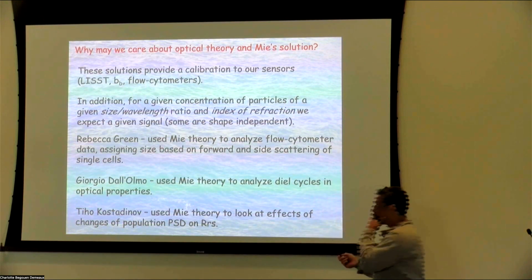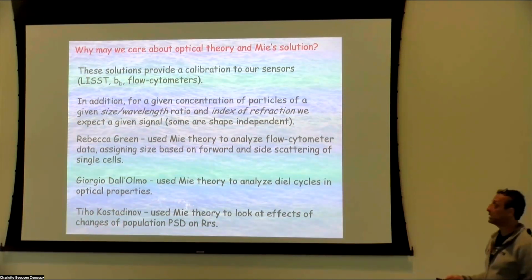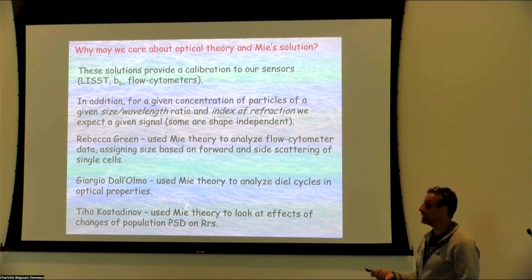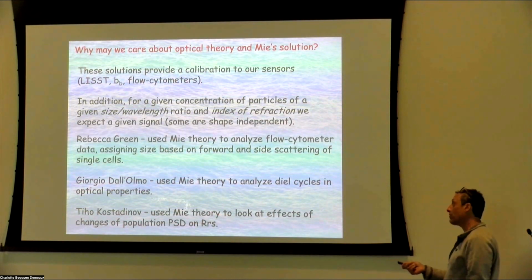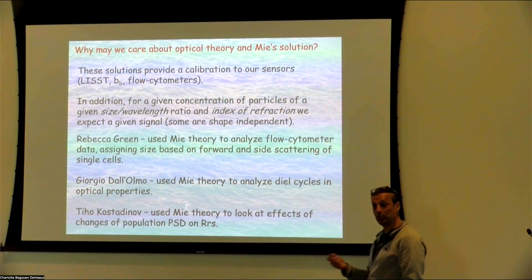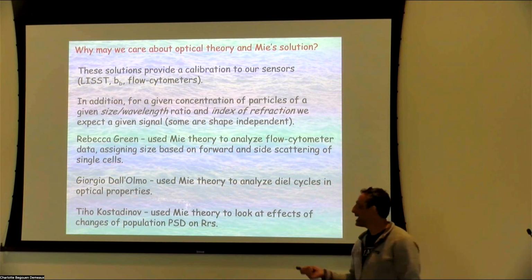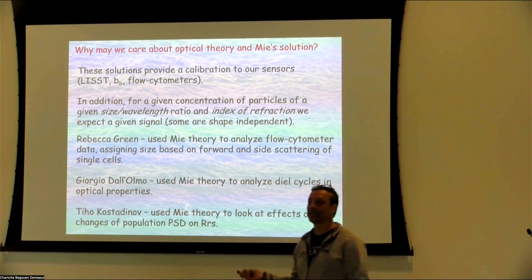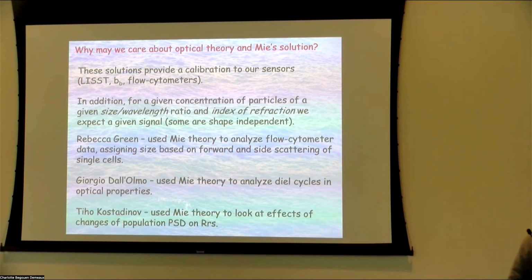She has a whole paper about how to calibrate flow cytometers more accurately than was done before. Giorgio used, actually this was after his thesis, Mie theory to analyze the diel cycle in optical properties observed in cultures. And he has a whole size algorithm from space based on it. So people have found it useful.